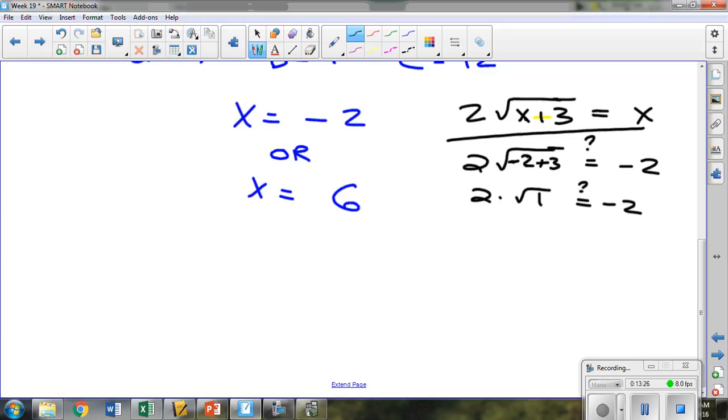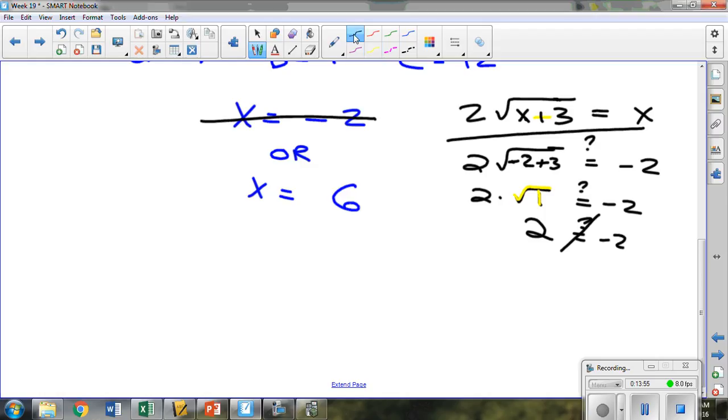And so this is not true. This doesn't work. And it was because, algebraically, the square root of that 1, with the quadratic formula, it was taking the -1 root instead of the +1 root, and that's what threw it off.